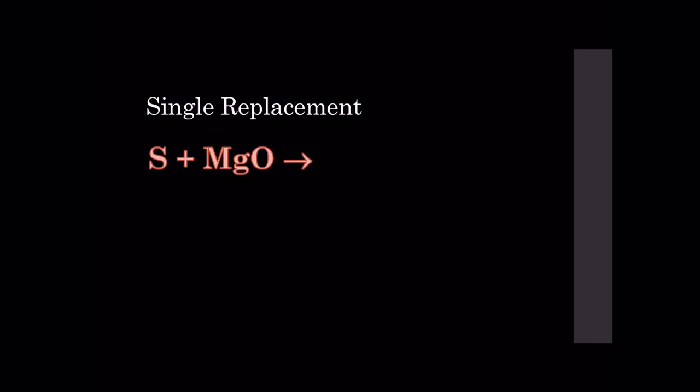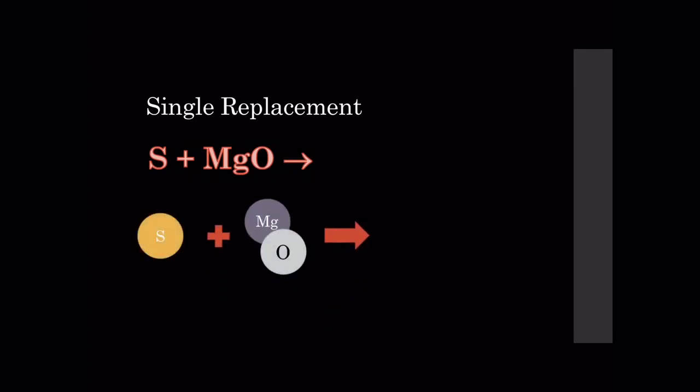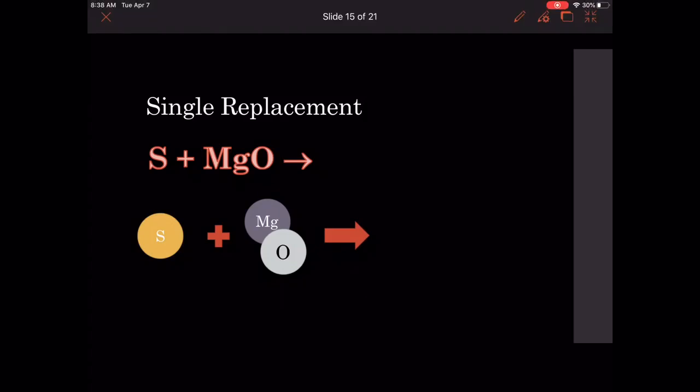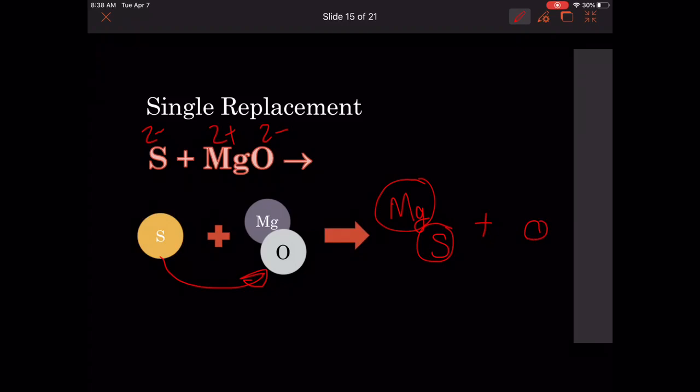So anyway, in this one, we've got kind of a backwards deal because this time sulfur is a 2- charge. Magnesium's a 2+, oxygen's a 2-. So since this is a minus charge, it's going to kick out the oxygen. And I'll get Mg pairing with S. And then I'll have oxygen all by its lonesome.